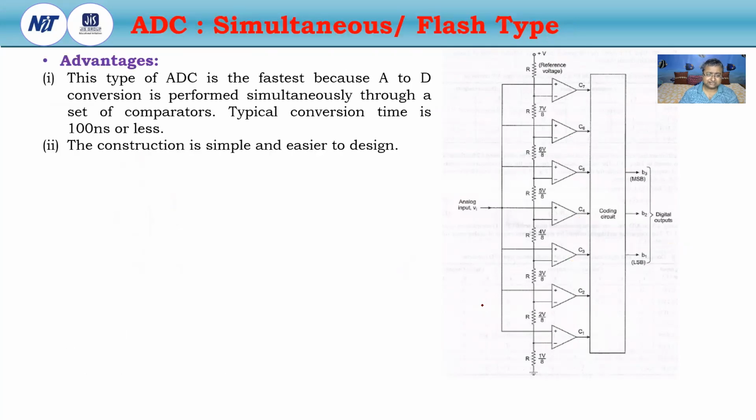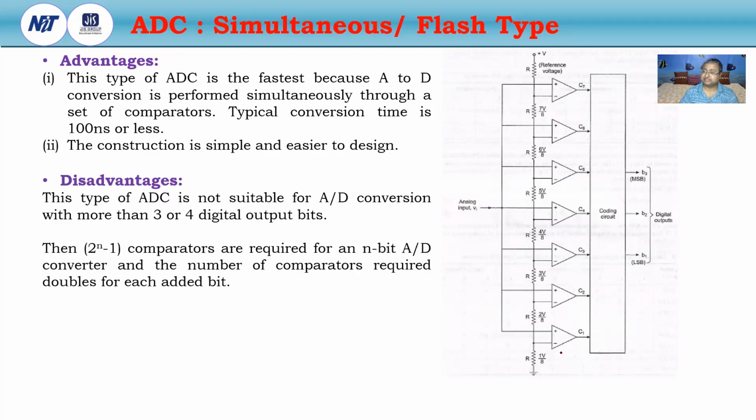What is the advantage of this? This type of ADC is the fastest because A to D conversion is performed simultaneously through a set of comparators. Typical conversion time is 100 nanoseconds or less. The construction is simple and easier to design, but there are some disadvantages.